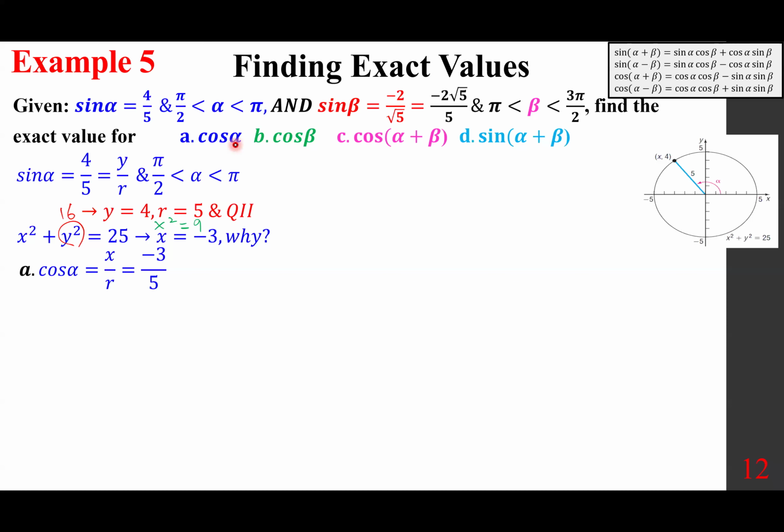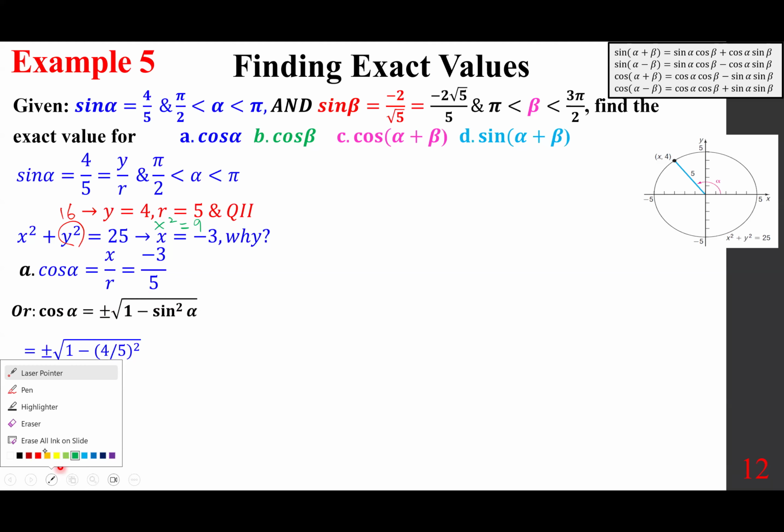This is using circles. Or we can use identity, sine squared plus cosine squared equals 1, which makes cosine alpha plus minus the square root of 1 minus sine squared. So plus minus the square root of 1 minus 4 over 5 quantity squared. And this is 16 over 25. 1 you write as 25 over 25.